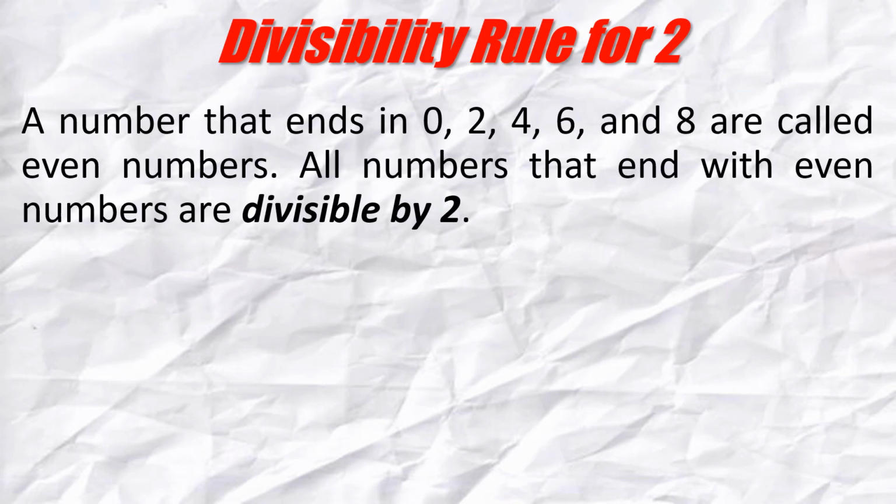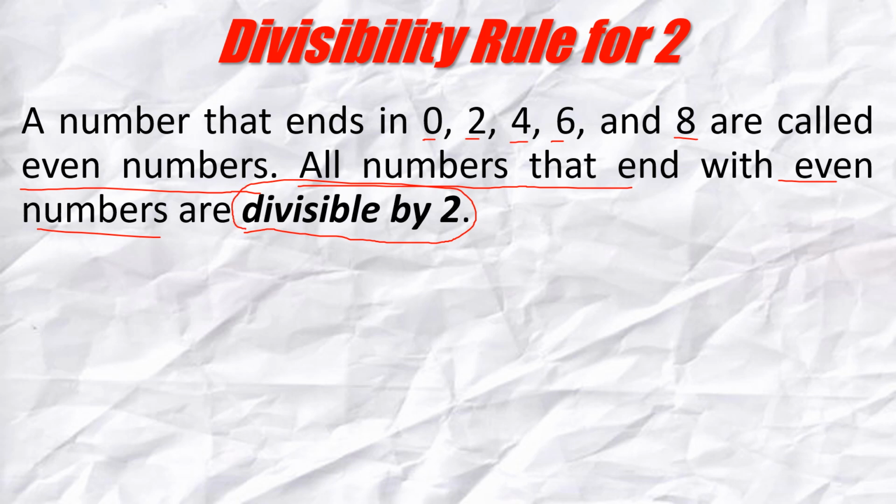Take note that numbers that end in 0, 2, 4, 6, and 8 are called even numbers. All numbers that end with even digits are automatically divisible by 2.